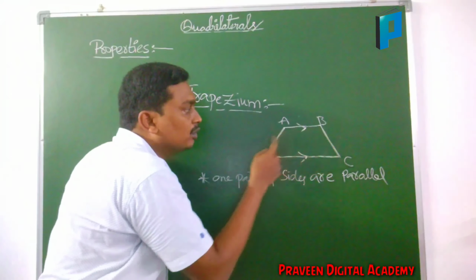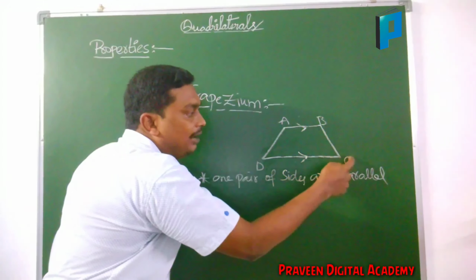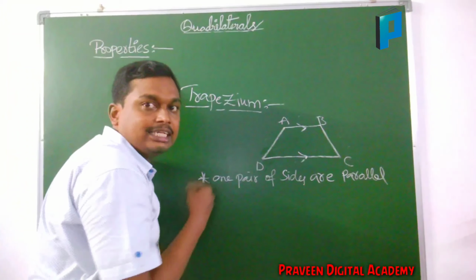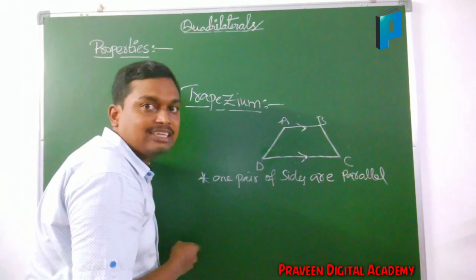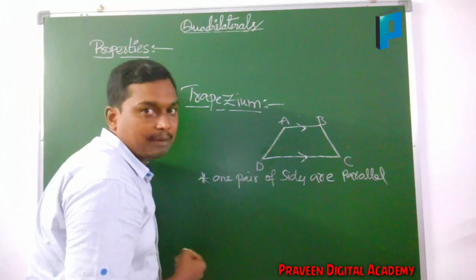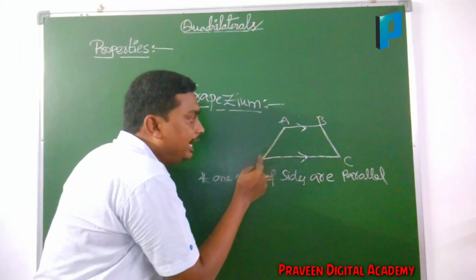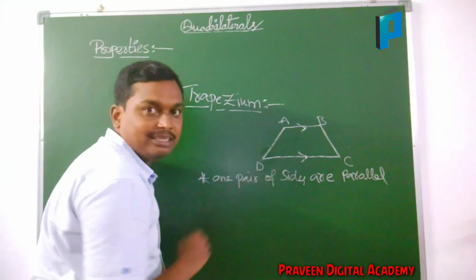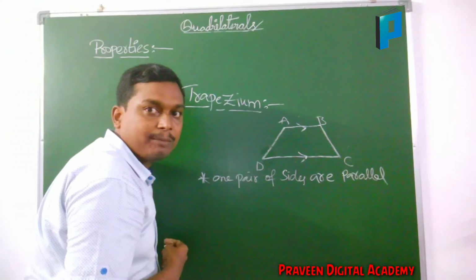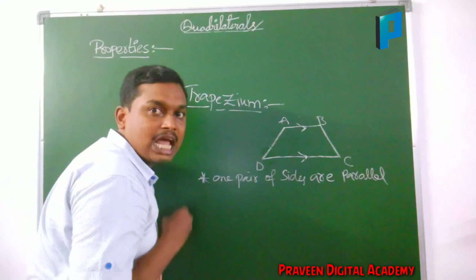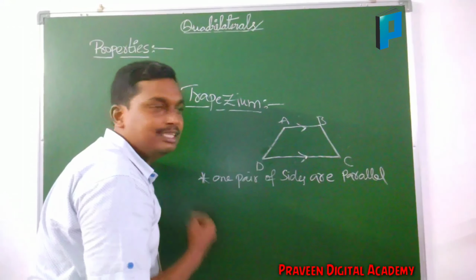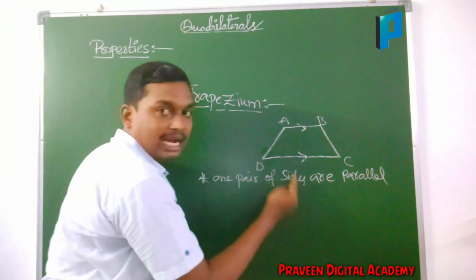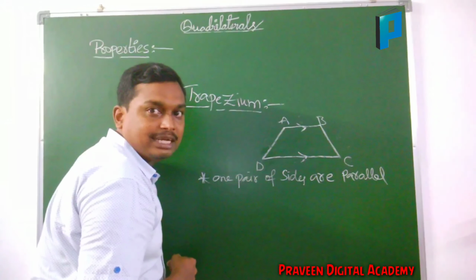If both non-parallel sides AD and BC are equal, then we say such a trapezium is an isosceles trapezium.